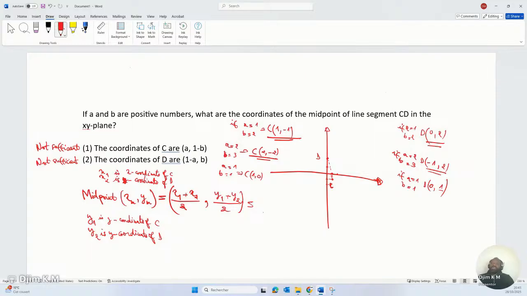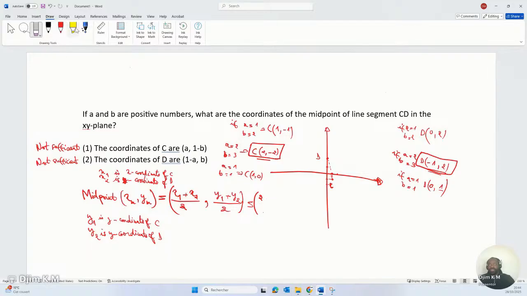Okay, let's just say we are taking these coordinates here. So that means that x1 would be 2 plus x2, so it's minus 1 here.